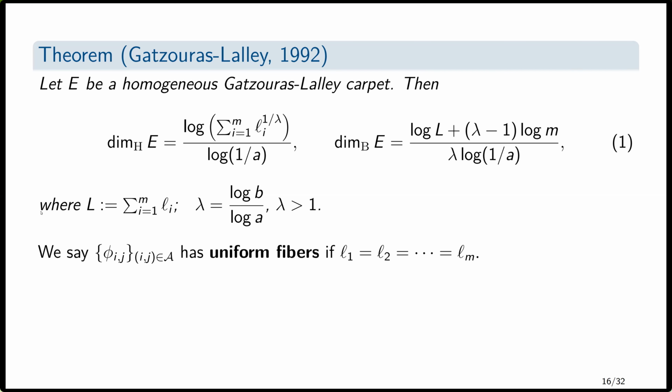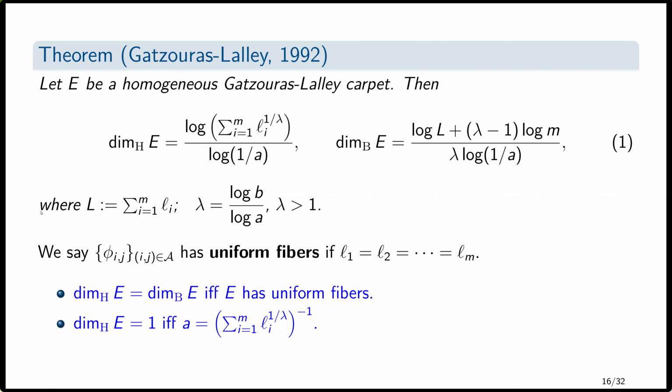And we notice that the Hausdorff dimension of E is equal to the box dimension if and only if E has uniform fibers. And here, notice that if L1 is equal to L2 up to Lm, then Li can be written as L divided by M, and it will imply that the Hausdorff dimension is equal to the box dimension.